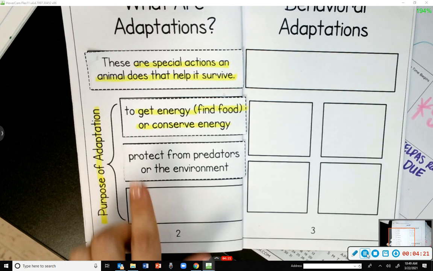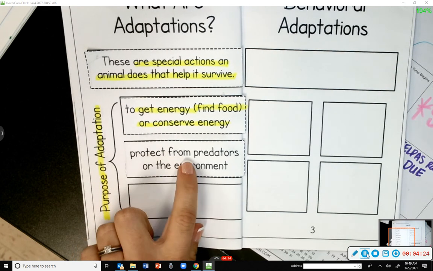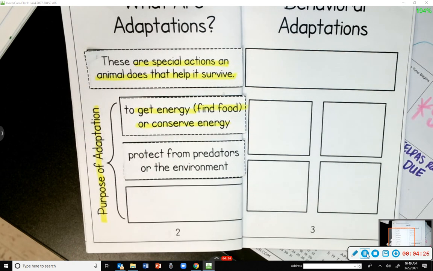An example of something protecting itself from predators might be camouflage. Might be migration. Maybe their fur is white because they live in the snow and that helps them hide from predators, right?